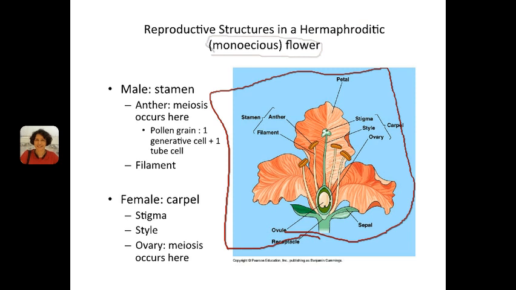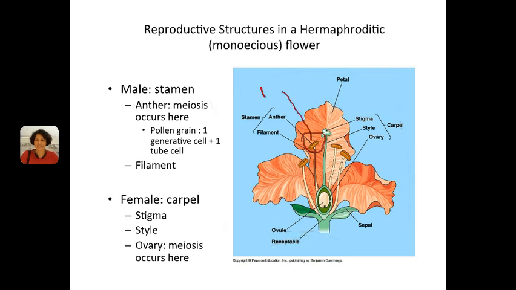The male parts are over here, an anther that is sitting on a filament. In the anther, the pollen grains will be made, and those contain the male gametes. The female part of this flower is this stigma that is sitting on a style, and it leads to an ovary over here.